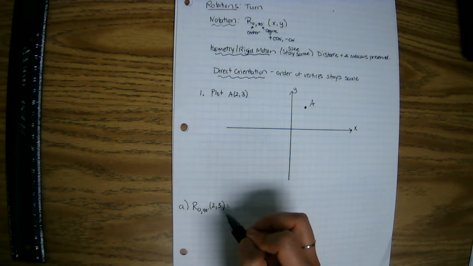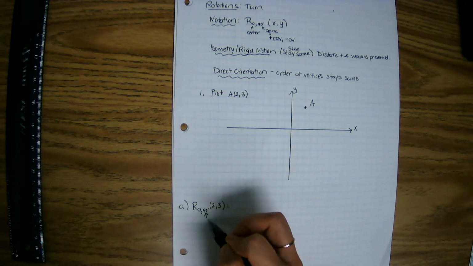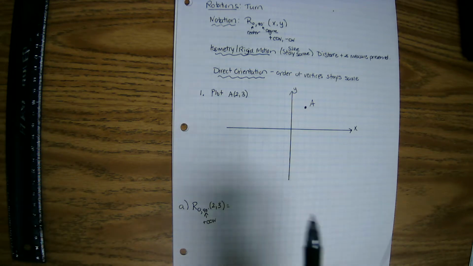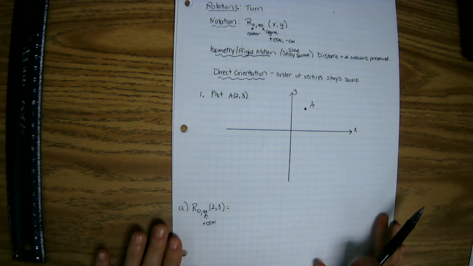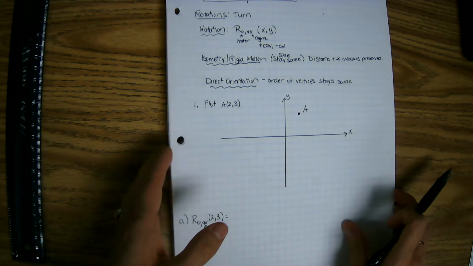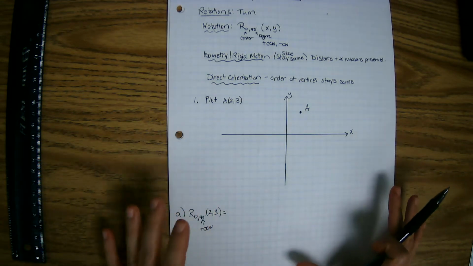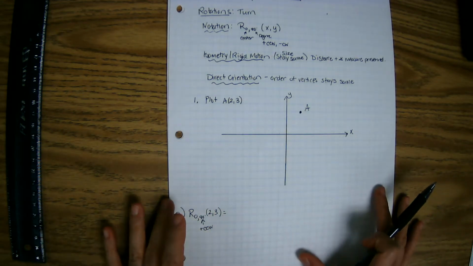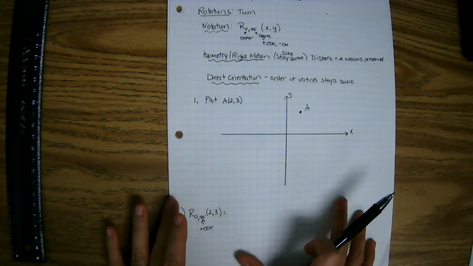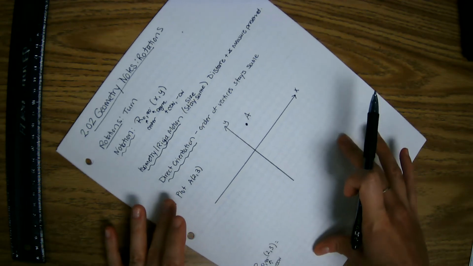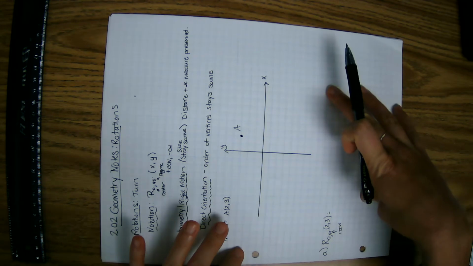All right, so I want to rotate 90 degrees. Since it's positive 90, that tells me I want to go counterclockwise. So counterclockwise. Let's take this point, and I'm going to actually take my entire paper and I'm going to rotate it counterclockwise.